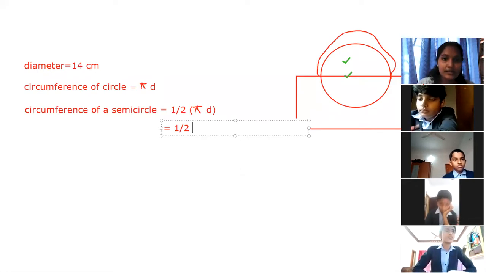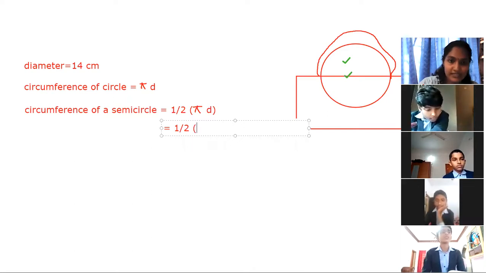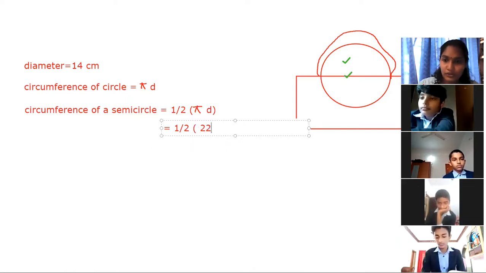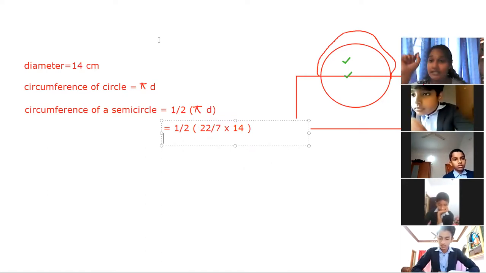Pi we can take 22/7. Here pi is equal to 22/7 we can take. 22 divided by 7 into d. What is d here? 14 centimeter. Okay, now do the calculation and tell me what's the value.